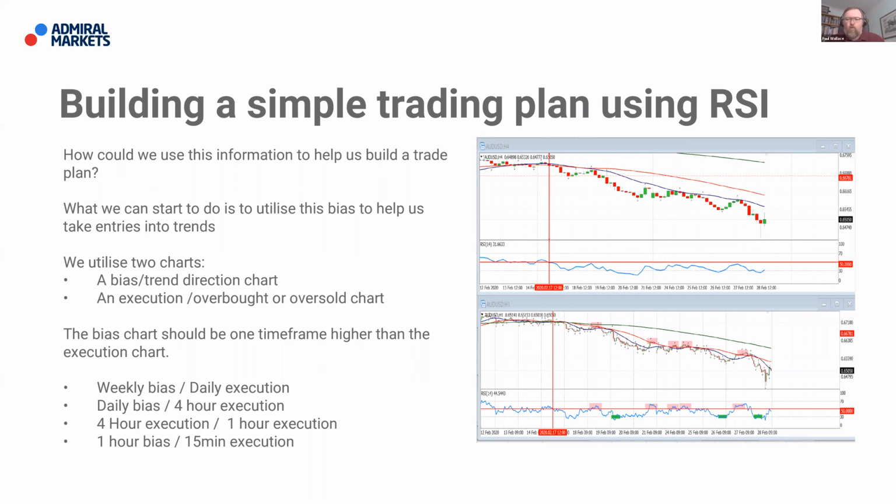Maybe you're a trader of gold, Bitcoin, oil, or the euro dollar. Regardless of the instrument, this is what you're going to be looking for: a higher time frame bias trend direction chart and a lower time frame execution trading chart. When they work together, they'll work nicely, as we'll show over the next few slides.